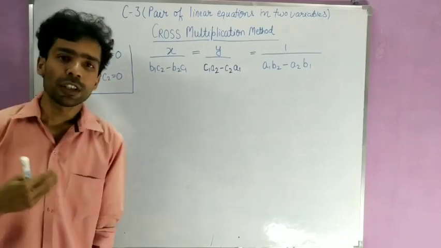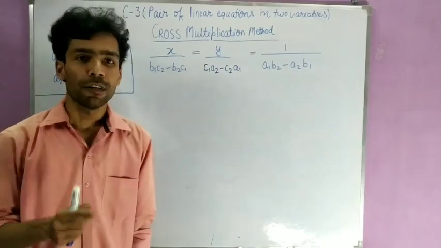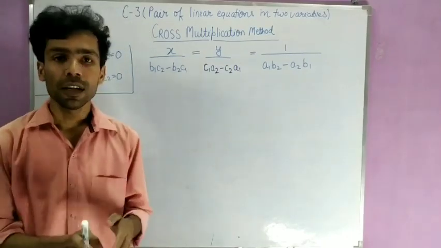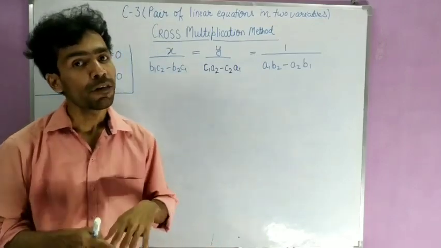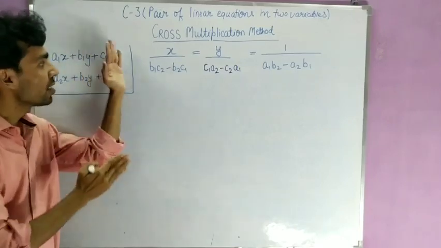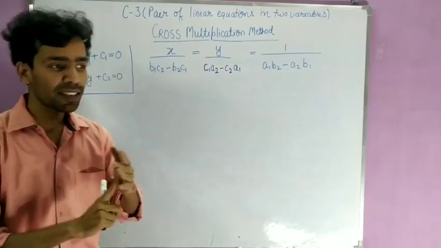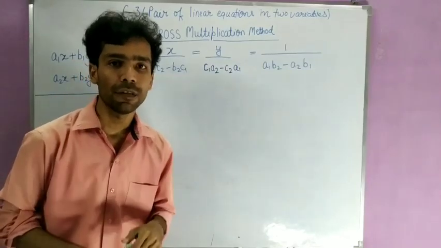Whatever question will be given in the exercises, first you will write them in general form. And what is the general form? We write all the things on the left side and the right side is 0. So first step is that you have to write your equation in general form.